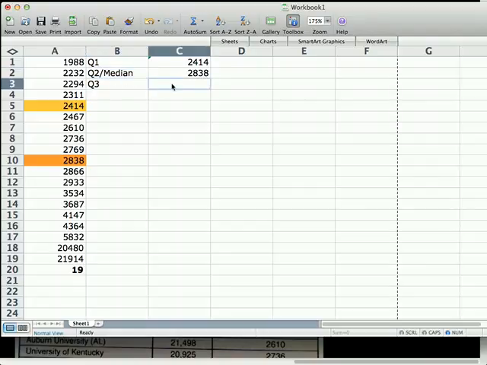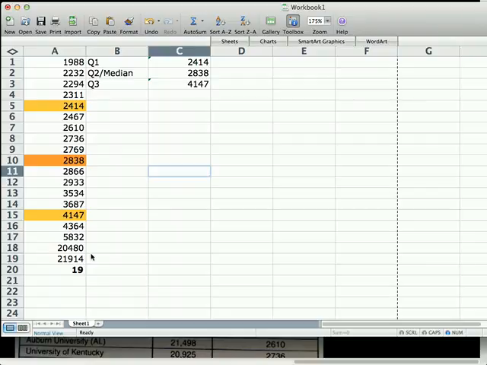Quartile 1 is the median of the first half, and Q3 is going to be the median of the second half of the data. I don't want to include that 19 there. And I get 4147. We happen to be very lucky in how this worked out, with a really nice arrangement.